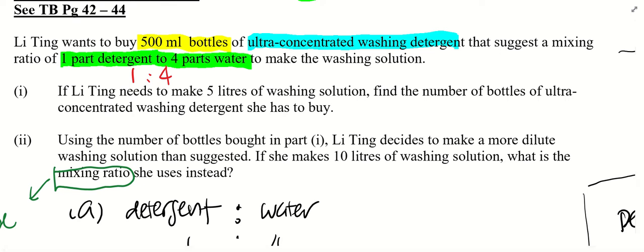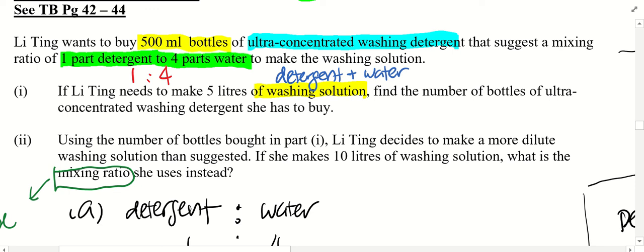Okay, so part 1 asks, if Li Ting wants to make 5 liters of washing solution, this solution here is not just the concentrated detergent itself, but the mixture of detergent plus water mixed together.